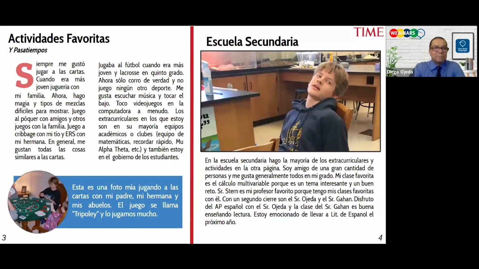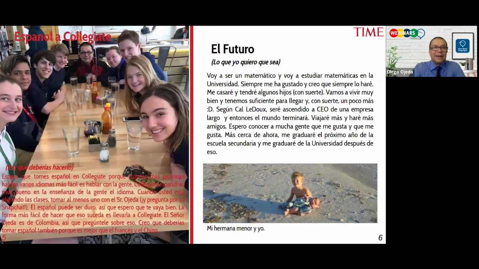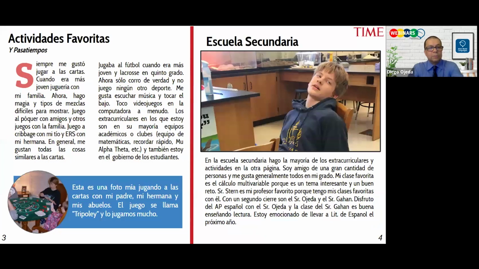So they talk about different aspects of their life, escuela secundaria, classes. We went to eat at a restaurant. This was part of the class, not the whole class. Talking about the future, these were advanced students, so they had to use different samples of language.